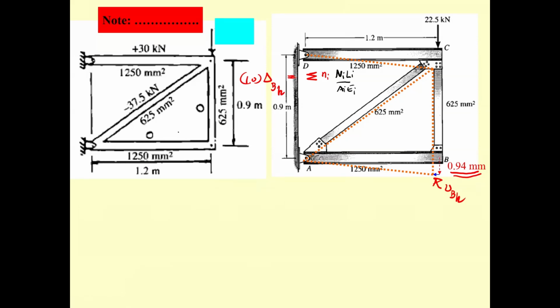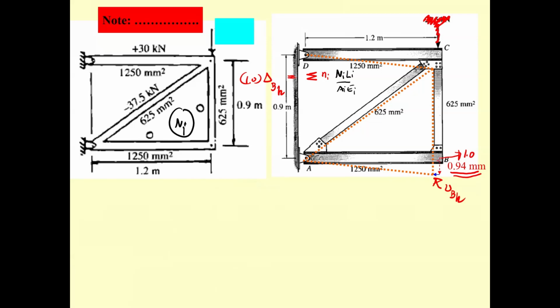Okay, this one to be what? N sub I can be computed over here. Use the same result. Okay, but for the small n sub I, you got to take this one out. And now you apply the force of 1.0 unit load over here, in this horizontal direction.